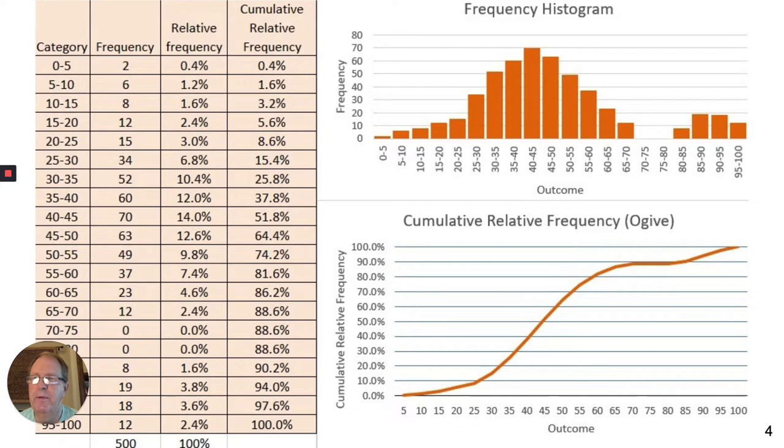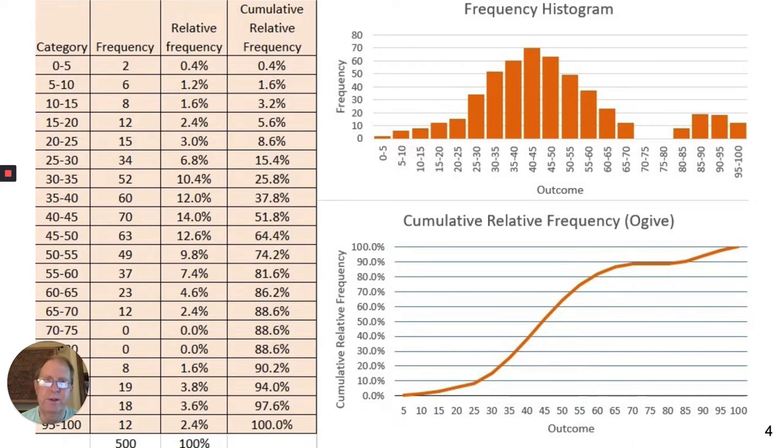In the first row, I have 0.4%, so I just carry that over to my cumulative relative frequency. In the second row, I have a relative frequency of 1.2, so I add that to my cumulative relative frequency to get a new cumulative relative frequency of 1.6, and so on.